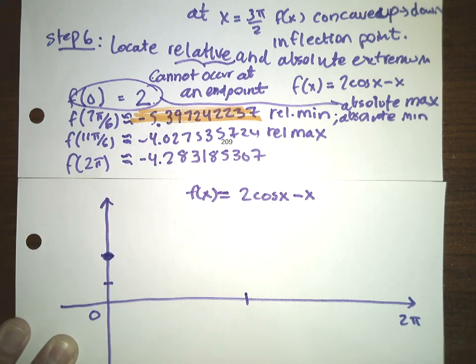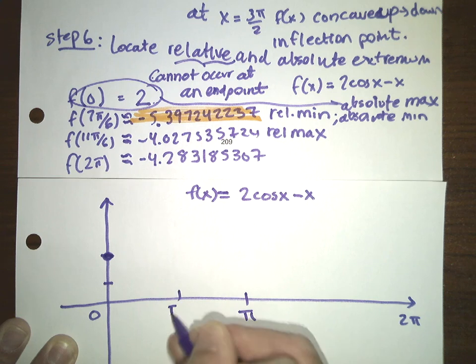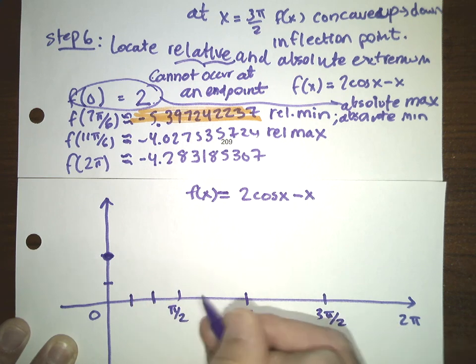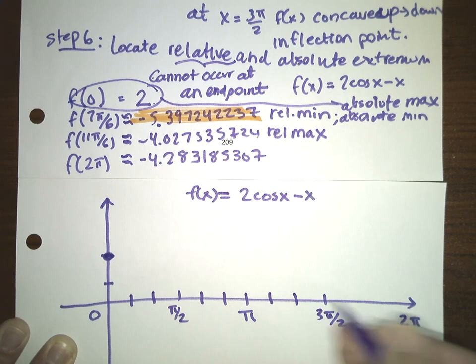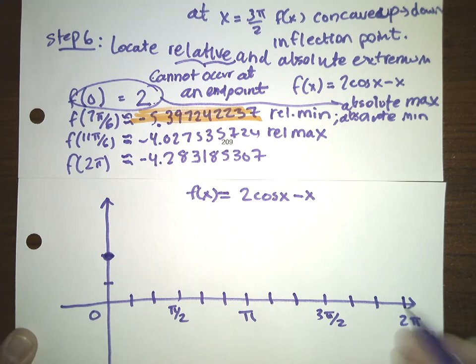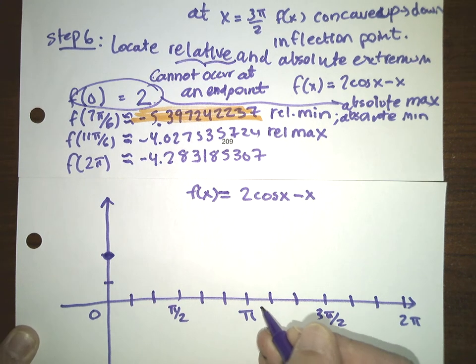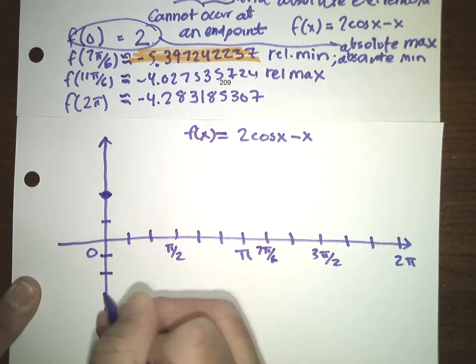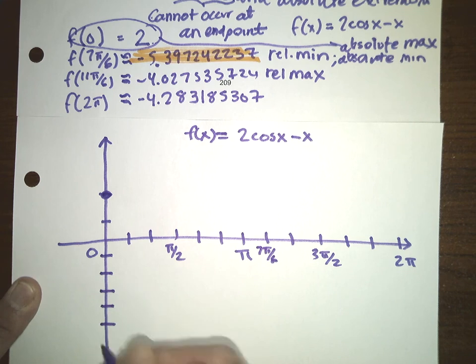So here is pi, then pi over 2, 3 pi over 2, 1, 2, 3, 4, 5, 6, 7, 8, 9, 10, 11, and 2 pi. So 7 pi over 6 and negative 5.39. So 1, 2, 3, 4, 5, negative 6.